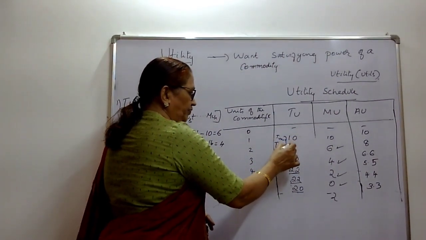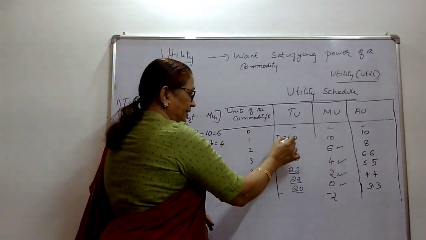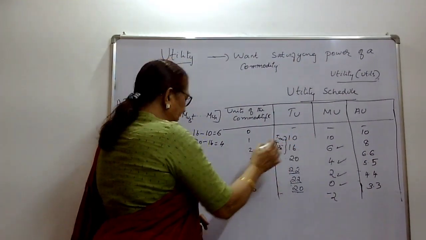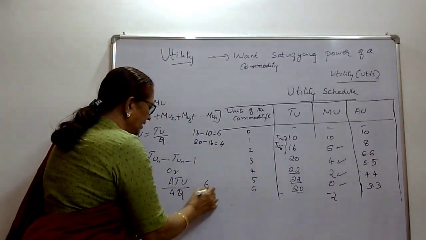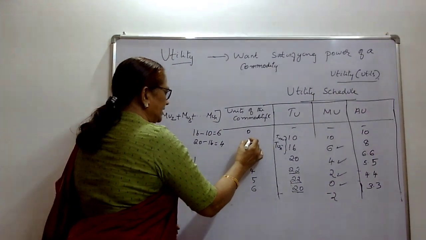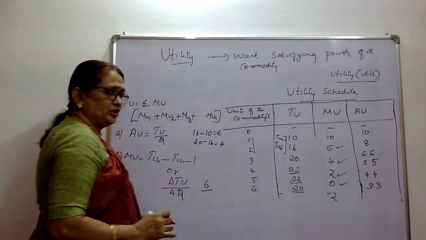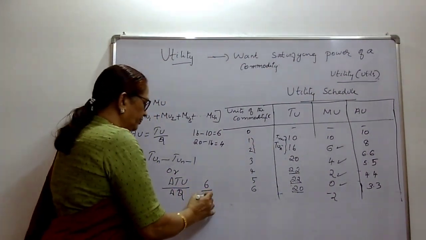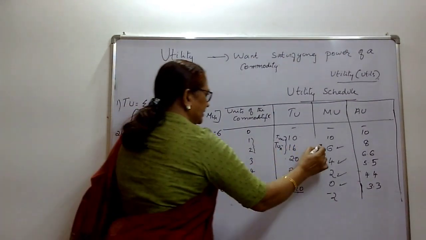Total utility 6, 16 minus 10, 6. 6 divided by what is the change in units consumed? Delta Q is 1. So it is equal to 6.